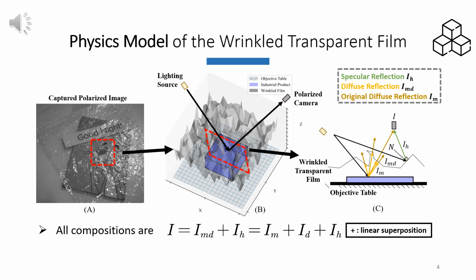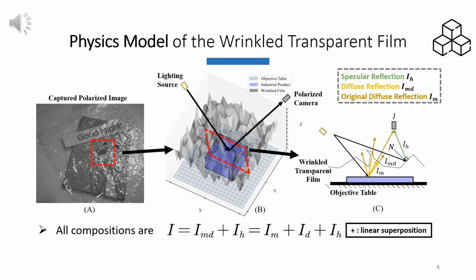The specular highlight IH represents the light directly reflected from the film's surface, which often masks the critical details beneath. The diffuse reflection IMD, however, is what we aim to recover. It represents the light that penetrates the film and interacts with the underlying materials.